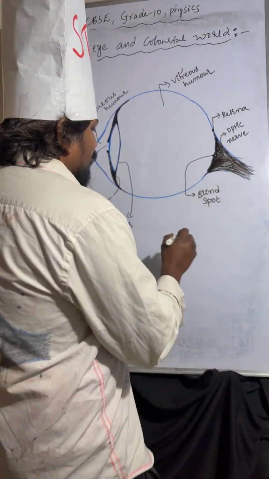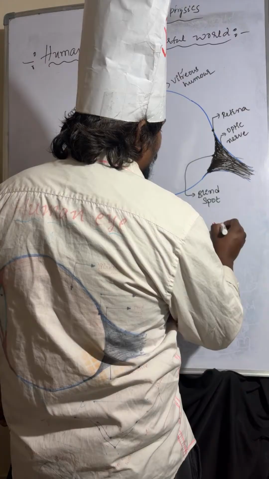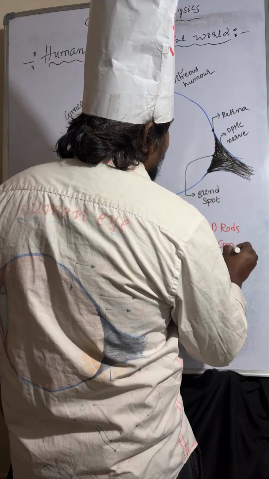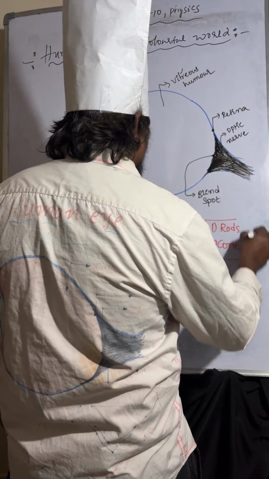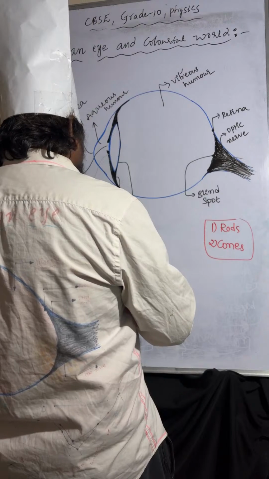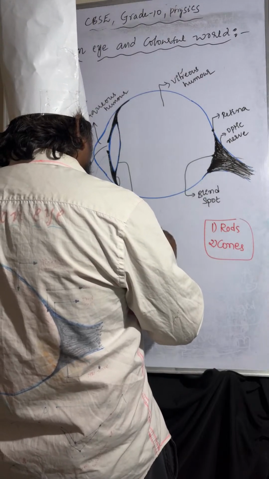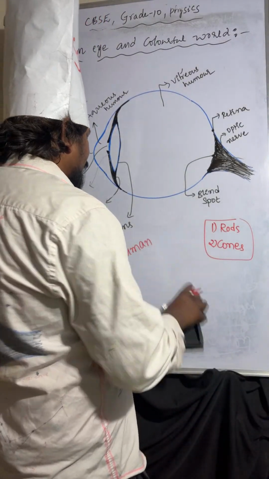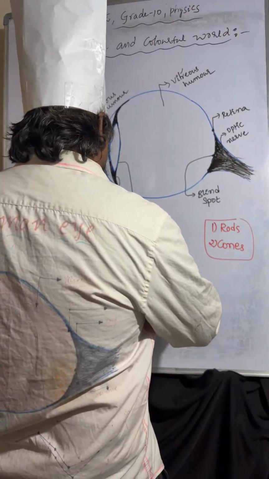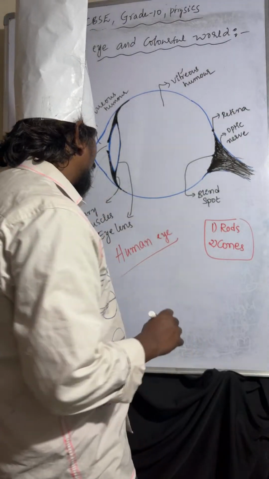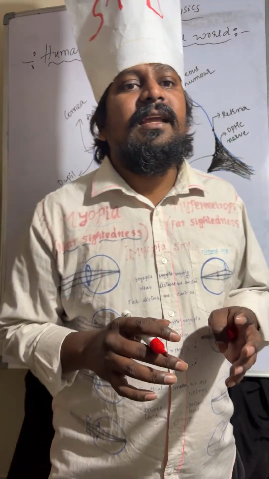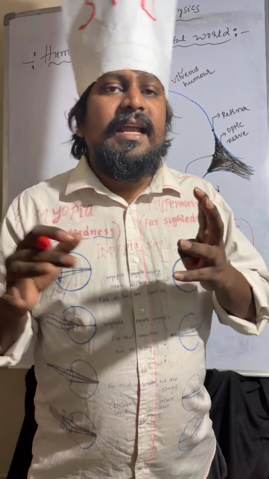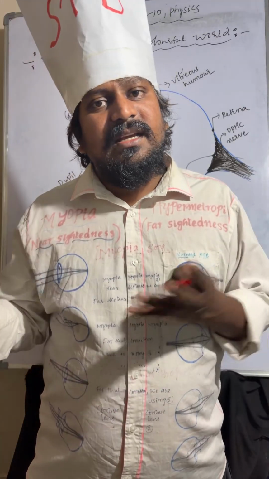Rods sense the intensity of the light, and cones sense the color of the light.